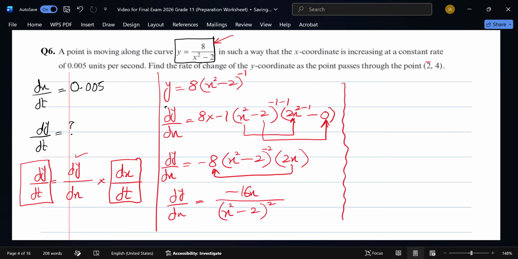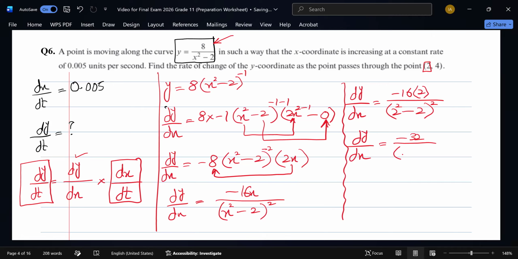The value of x is 2. So we substitute in dy upon dx. So negative 16 times 2, divided by (2 squared minus 2) power 2. So dy over dx is going to be negative 32.